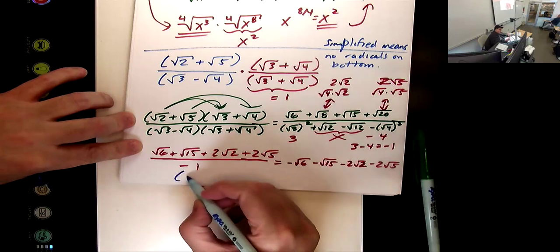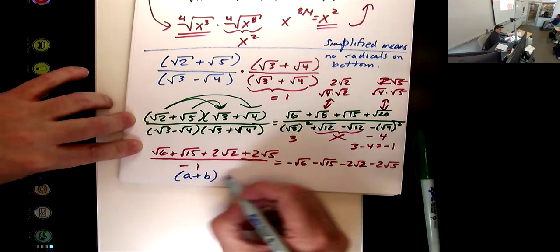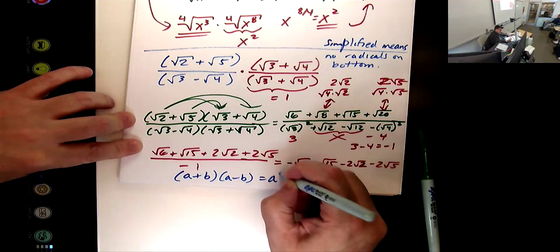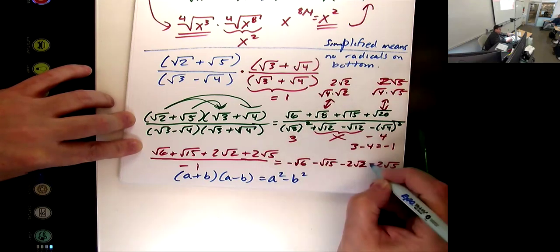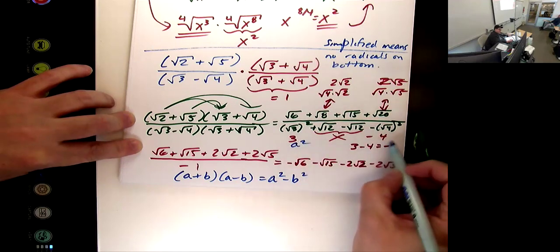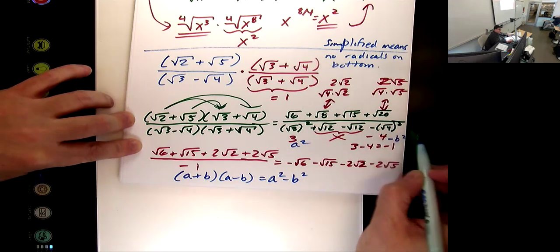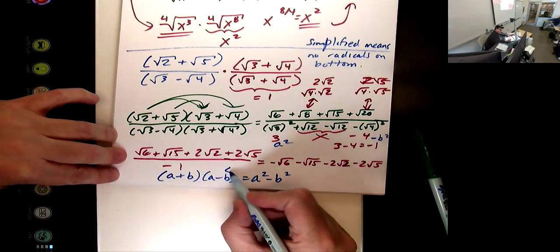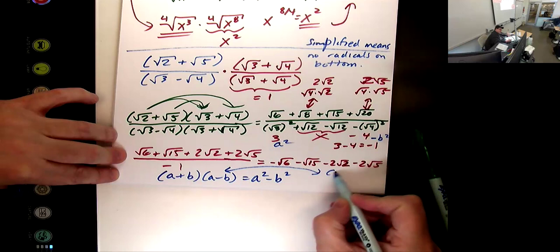So all we did is change the sign. So if you've got A plus B and then A minus B, well, first off, we had the formula A squared minus B squared, which is what that ended up being. But also, these two things are called conjugates.